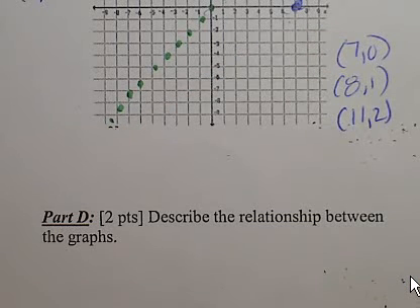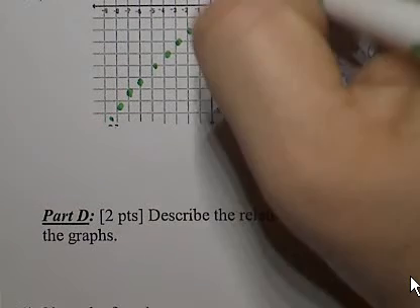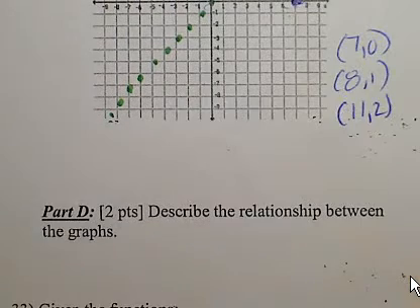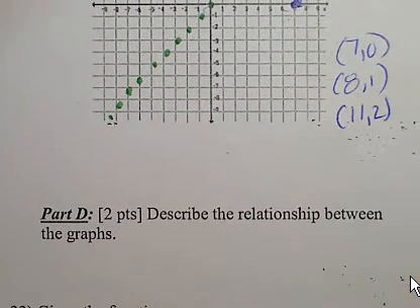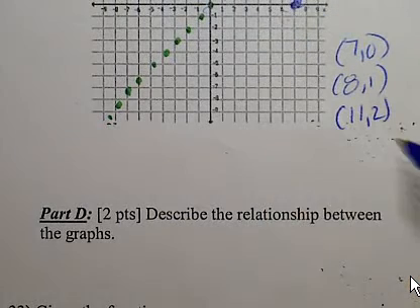If I asked you to fold, and you can do that with a pen, you didn't have to use a highlighter, if I asked you to fold along the green dot I have, this is the line y equals x. What would happen to these two pieces if you folded directly on this dotted line? They would match up, wouldn't they? They would almost lie right on top of each other. If two things are inverses, we know that they reflect across the line y equals x.